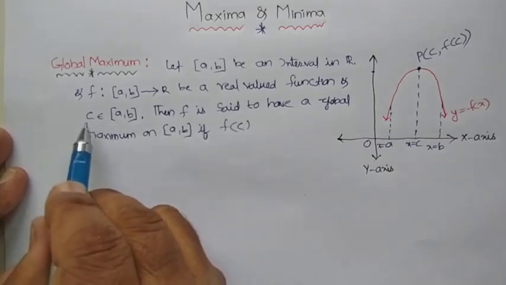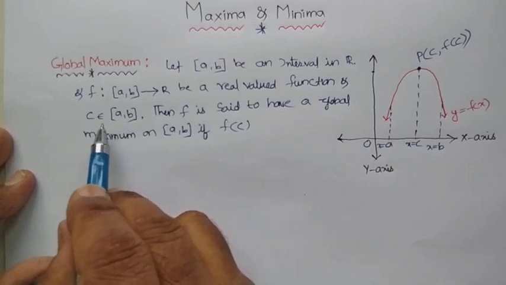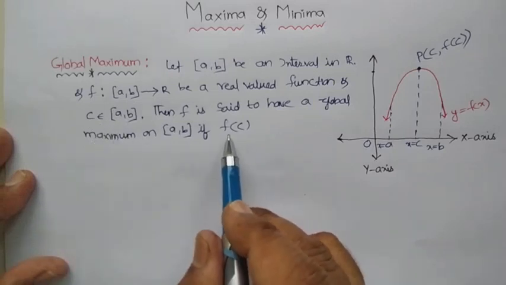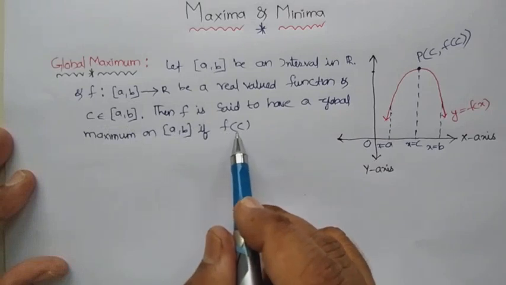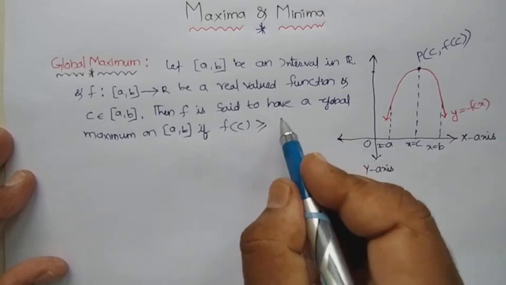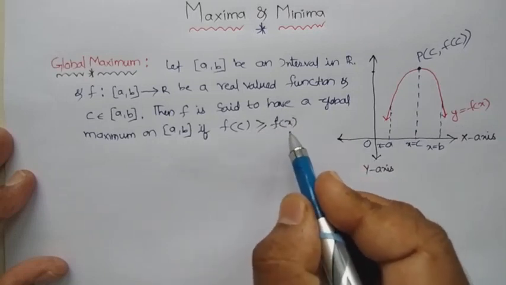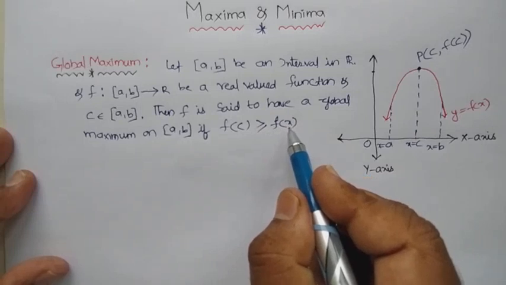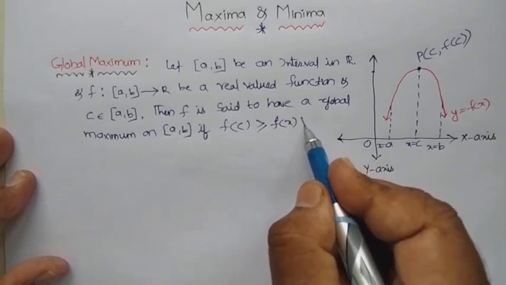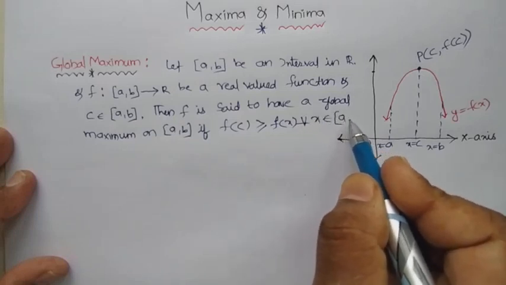the value c which we have taken from the closed interval a comma b gives the functional value f of c, which must be greater than or equal to the remaining values of f of x, for all x belonging to the closed interval a comma b.